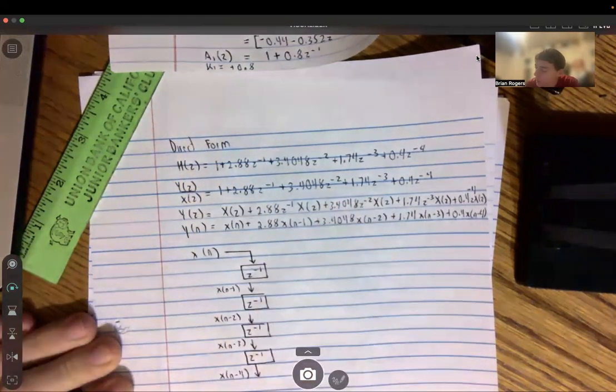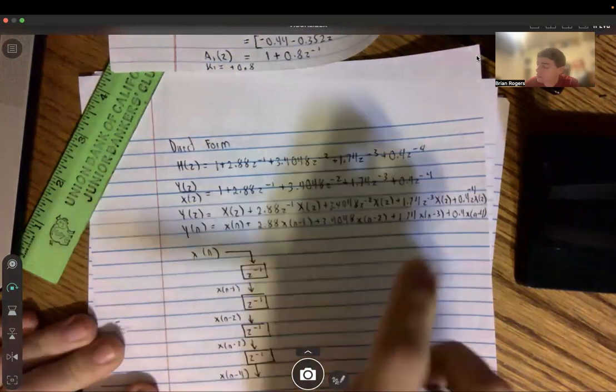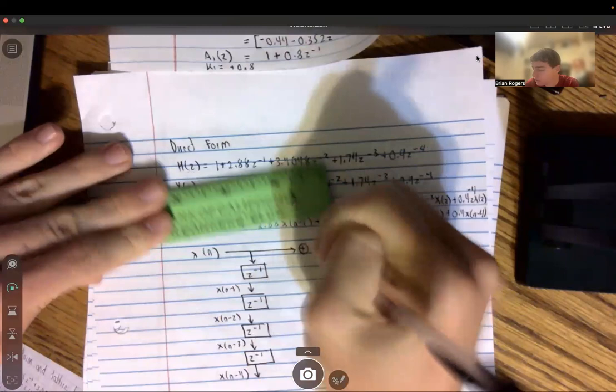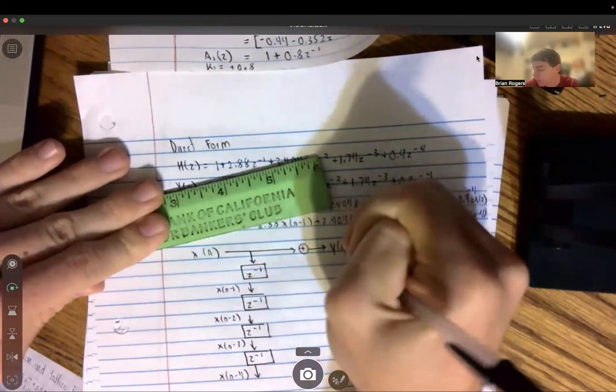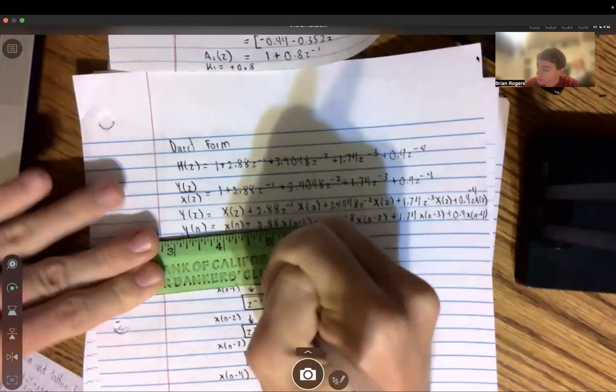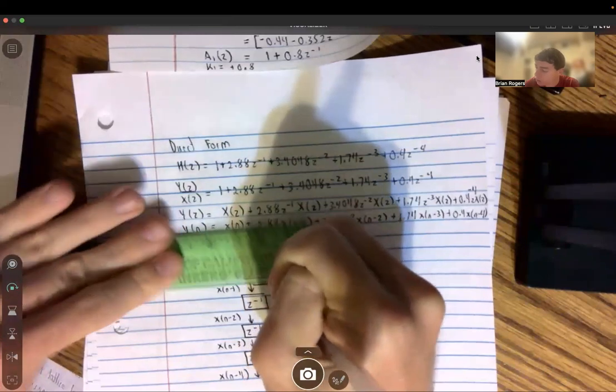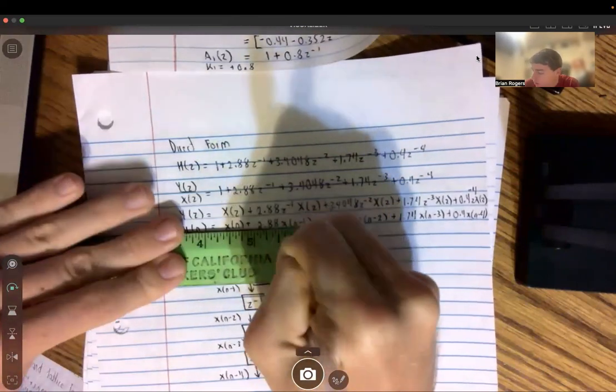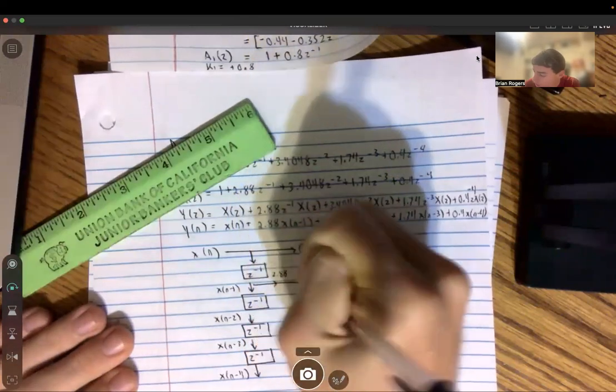Okay. And now we have to sum them all together to get to our output, right? So we'll have a summing block here, and then we'll have our output y of n. So x of n minus 1 is multiplied by 2.88. And so here, that will go up.